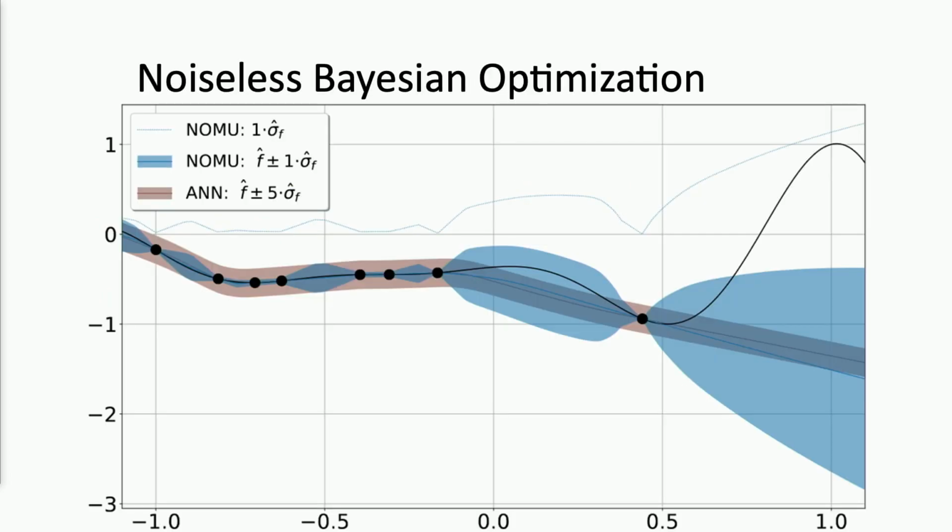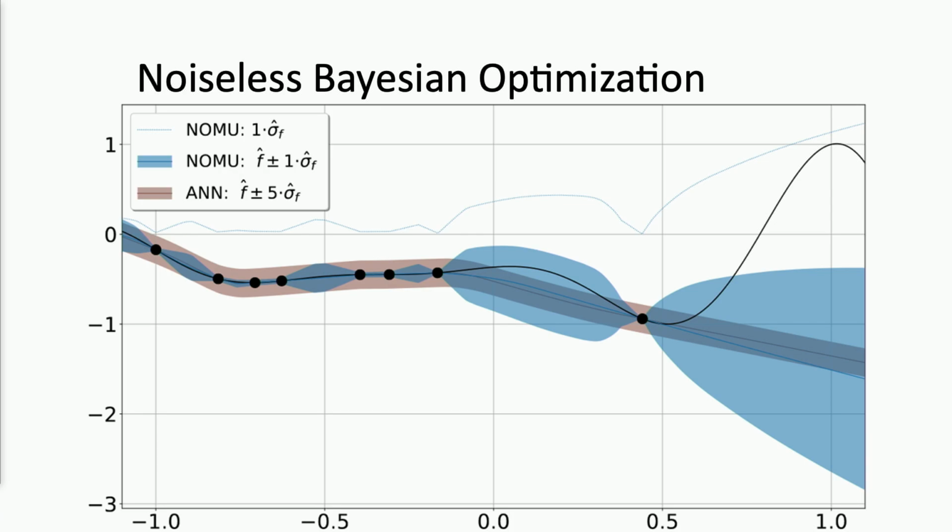Okay, and then we study noiseless Bayesian optimization, where you have some expensive to evaluate function, and you're only interested in finding the point where this function is optimal, like maximal in this case. And there, it's particularly important that the uncertainty really narrows down at the training data point.